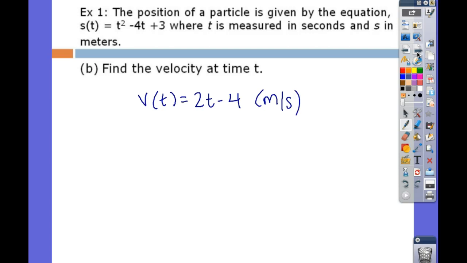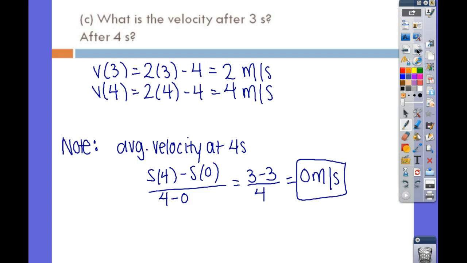Plugging in. That is instantaneous velocity. If it does not ask for average, you are assuming instantaneous. Instantaneous is plugging into the derivative. So in part C, we are finding V of 3 and V of 4. These are our instantaneous.